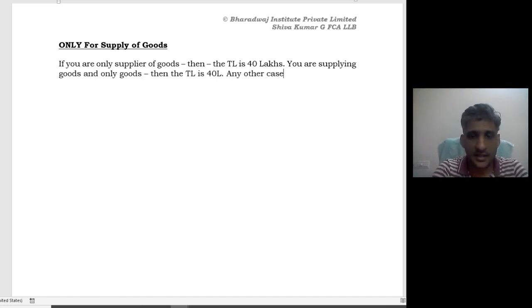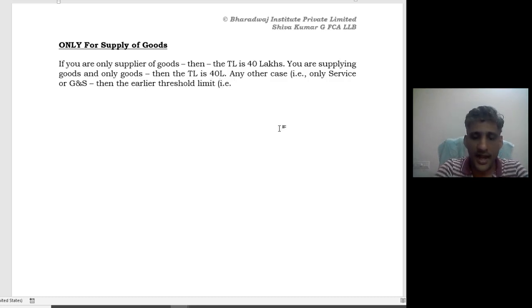Any other case, that is only service or goods and service, then the earlier threshold limit applies. What's the earlier threshold limit? That is 20 lakhs or 10 lakhs, depending on whether it is a special category or normal state.